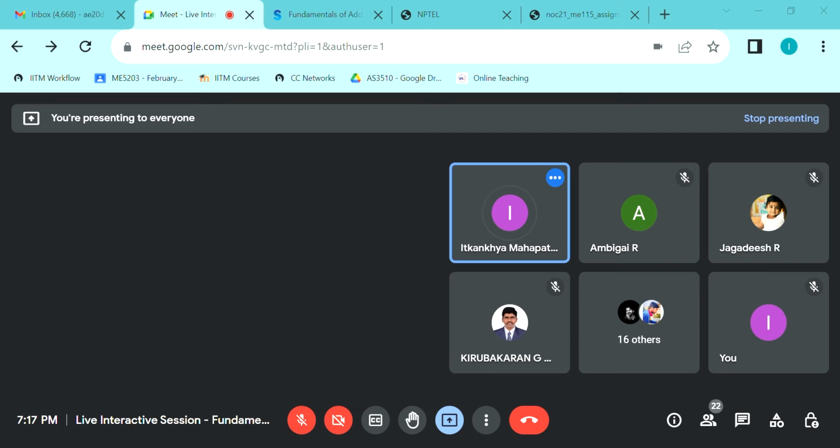Coming to the next question: which of the following represents the rapid prototyping method? As we already know, there are 2 types, physical and virtual prototyping. Virtual prototyping is carried out by computers, while physical, or also rapid, prototyping is carried out by additive manufacturing in a very fast manner.